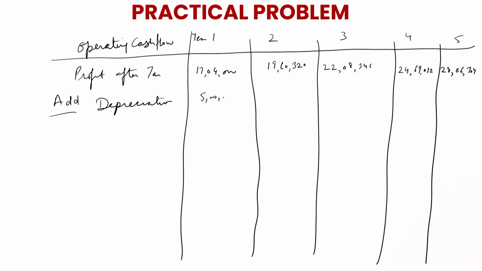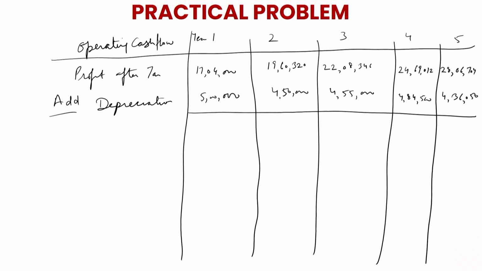We just computed 5 lakhs, 4,50,000, 4,55,000, then 4,84,500, 4,36,050.